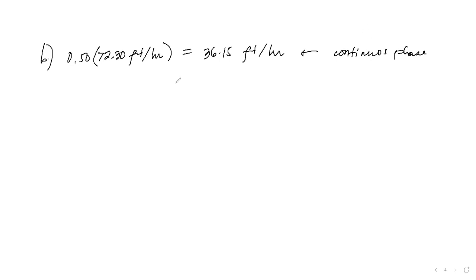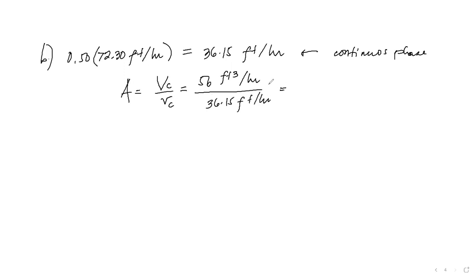So area will be the actual flow rate divided by this velocity. I'll use C here and C here, but this one is small v, this one is big V. So our flow rate for the continuous phase is 56 cubic feet per hour, and its linear flooding velocity at 50% of that is 36.15 feet per hour.